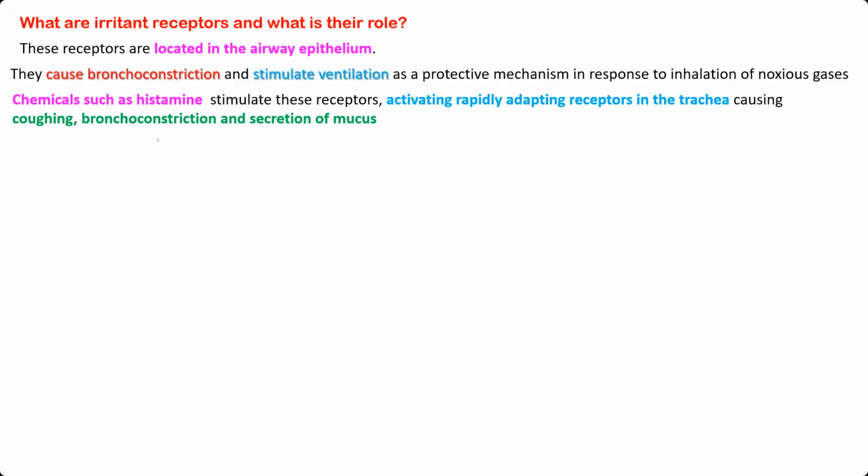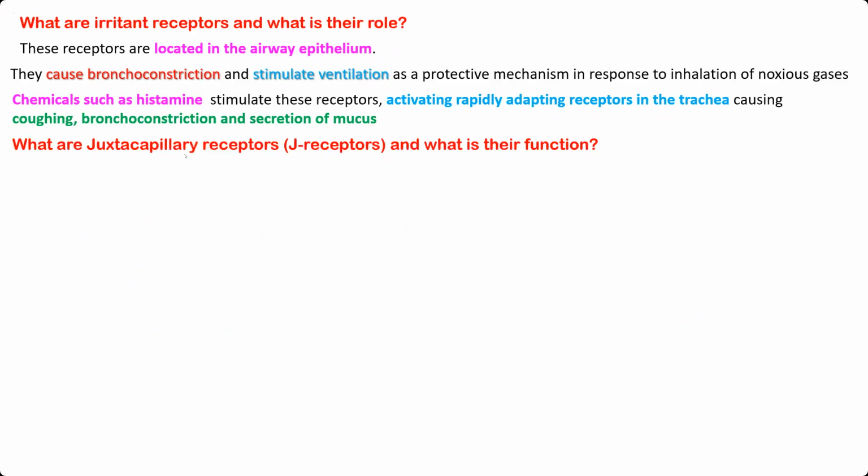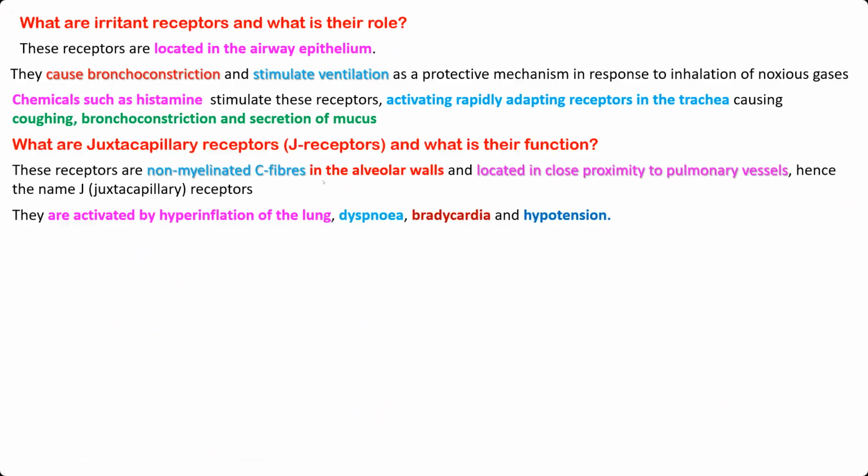And there are other receptors called juxtacapillary receptors or J receptors. They are non-myelinated C fibers in the alveolar walls, located in close proximity to the pulmonary capillaries, and they are activated by hyperinflation of the lung or during dyspnea, bradycardia and hypotension.